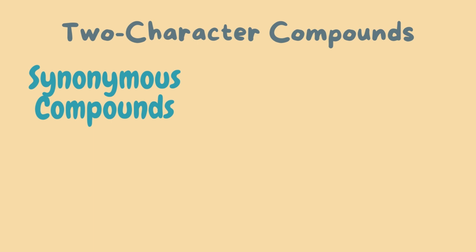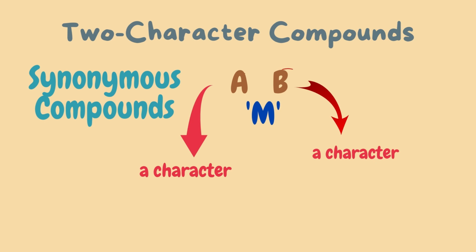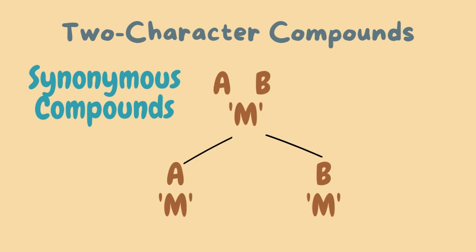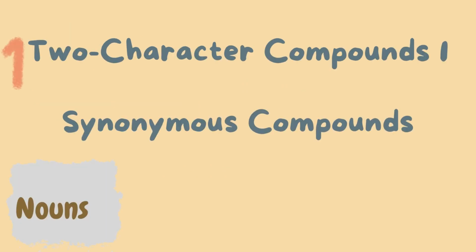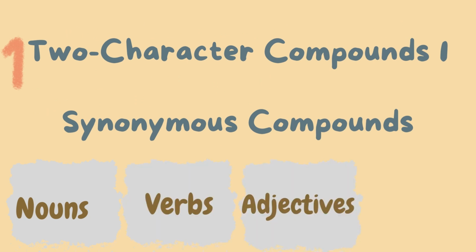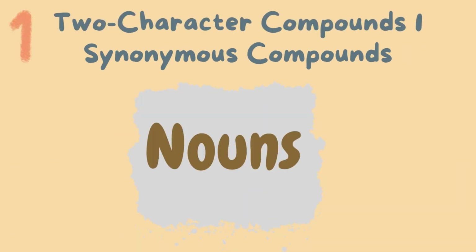Furthermore, its two characters have the same meaning. In other words, we assume the two characters are A and B, and the two character word's meaning is M. Then both characters A and B stand for M. In this video, we'll look at nouns, verbs, adjectives, and adverbs respectively.